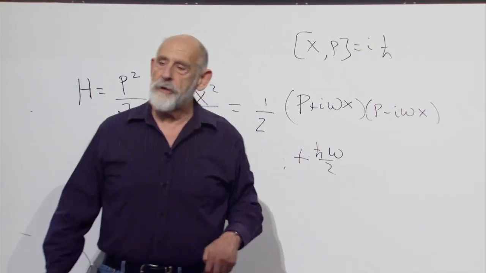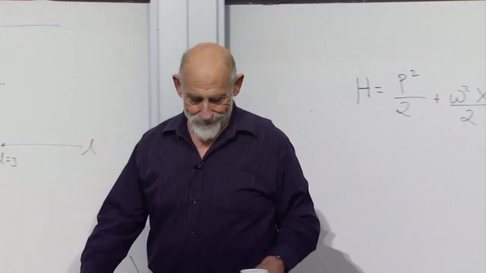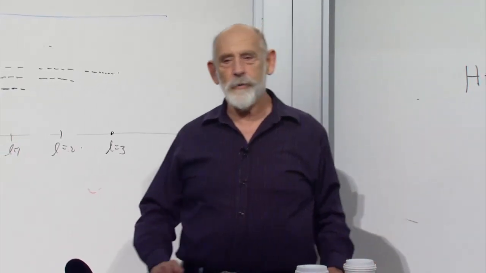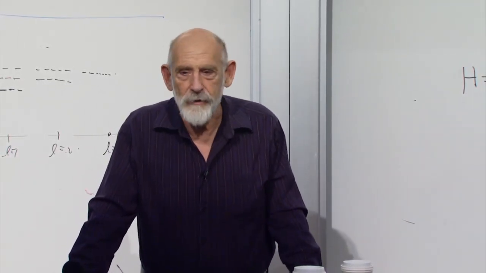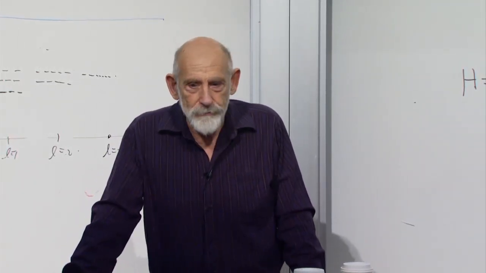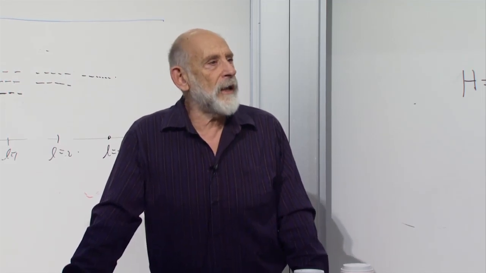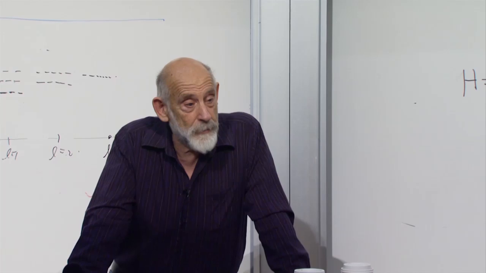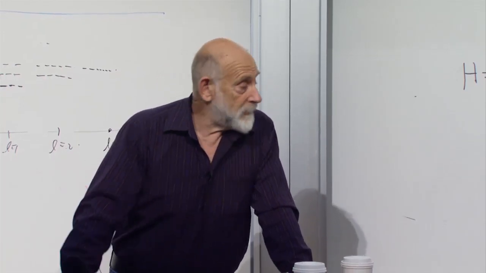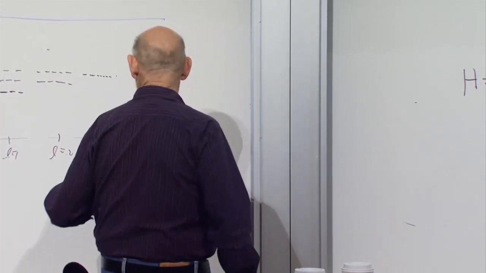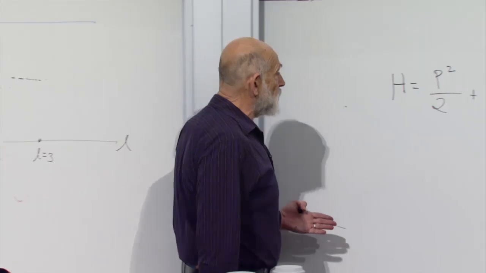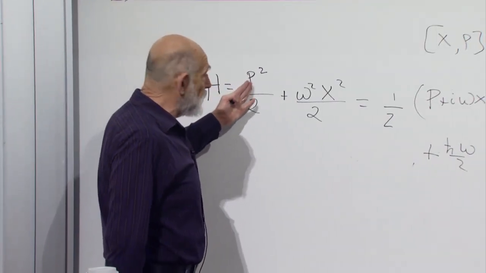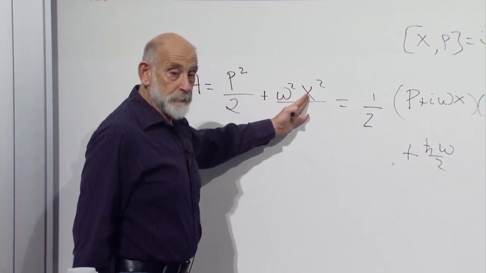Why is there a ground state energy? Why does a harmonic oscillator have a ground state energy? Why isn't the energy 0? What's the energy of the ground state classically? 0. Well, the ground state is just the oscillator at rest, p equals 0, at position 0.